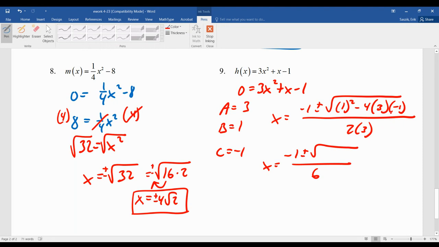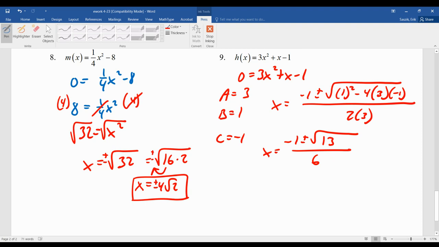And if I do what's in the square root here, 1 squared, and a negative times a negative is positive, I actually get 1 plus 12, which is 13. So that's not a perfect square. You know, this thing was not factorable. So now I have to do -1 plus square root of 13 over 6. I'm going to do that right now on my calculator.